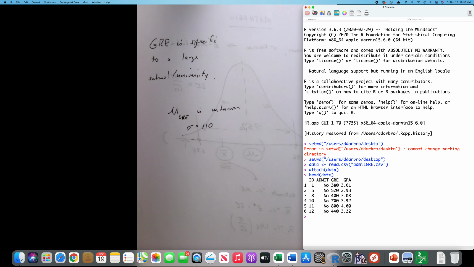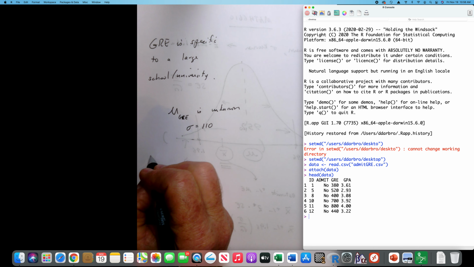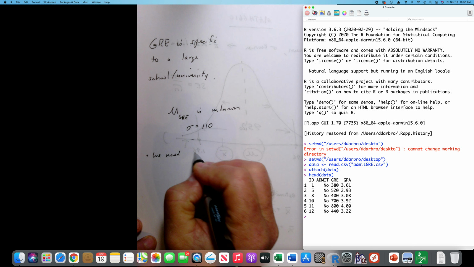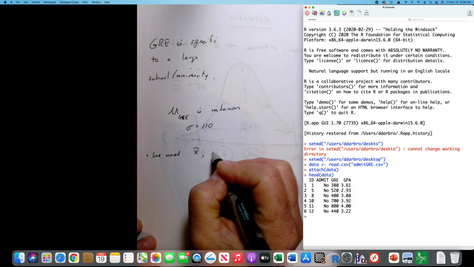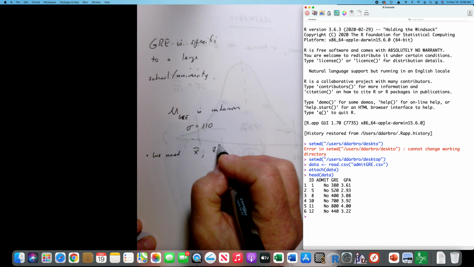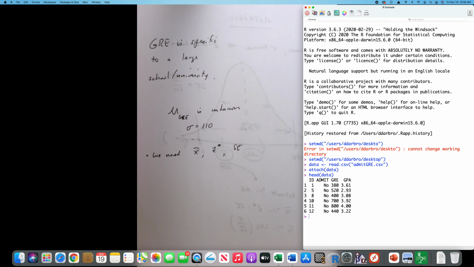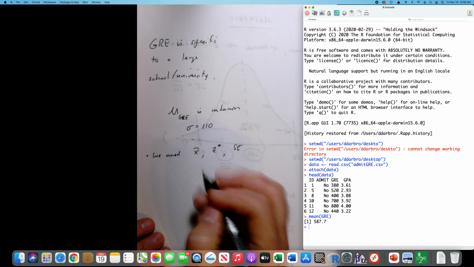So to calculate the 95% confidence interval, we need three things: x bar, z critical, and the standard error. Now, to get the mean, we have 587.7.